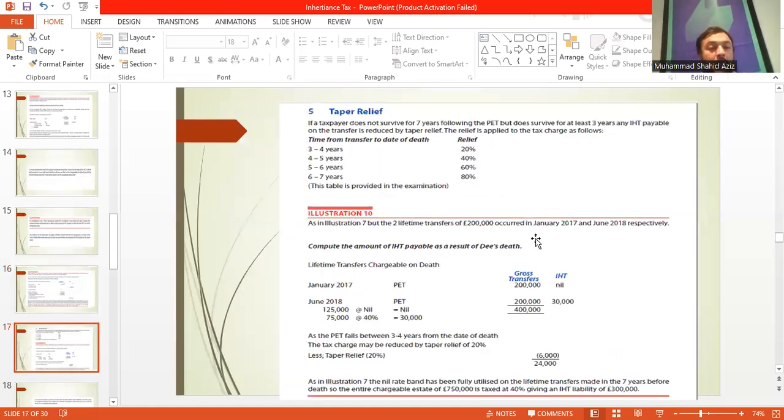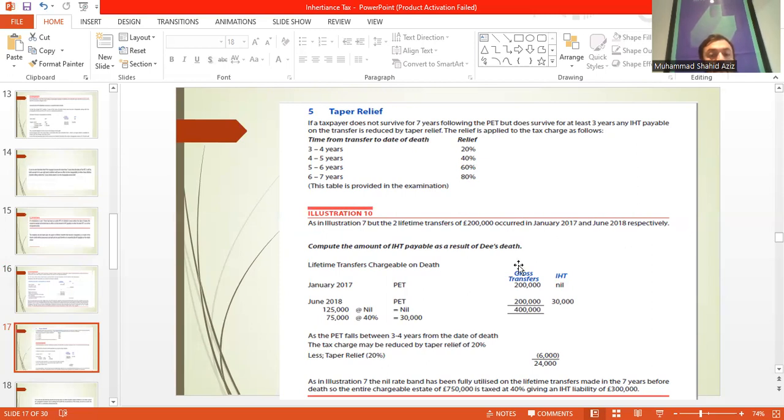Here is a taper relief example. You need to have this table in front of you to solve this question. Two lifetime transfers of 200,000 pounds occurred in 2017 and 2018 respectively. So during her lifetime, she made two gifts.